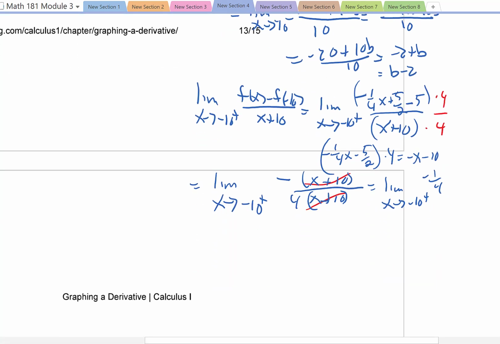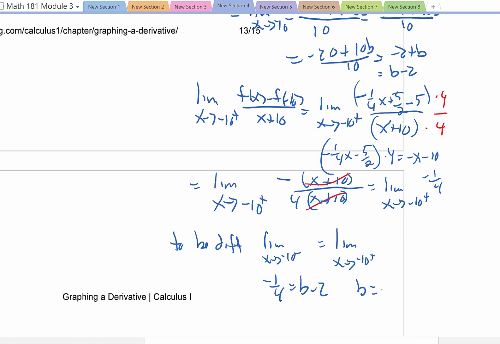So to be differentiable, the limit as x approaches negative 10 from the left must equal the limit as x approaches negative 10 from the right. So our negative 1/4 must equal b minus 2.